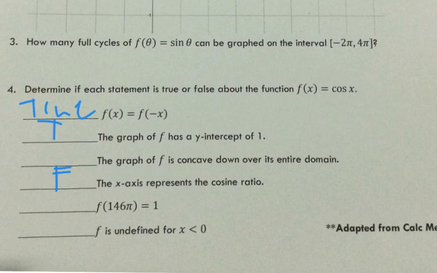What does that one mean? Cosine is never undefined anywhere. Which one? The one, f of 146 pi. So this means if I rotate 146 pi's, where would that put me? At any even number of pi, we're back to the positive x-axis, right? Because this is 0, 1 pi, 2 pi, 3 pi, 4, 5, 6, 7, 8.